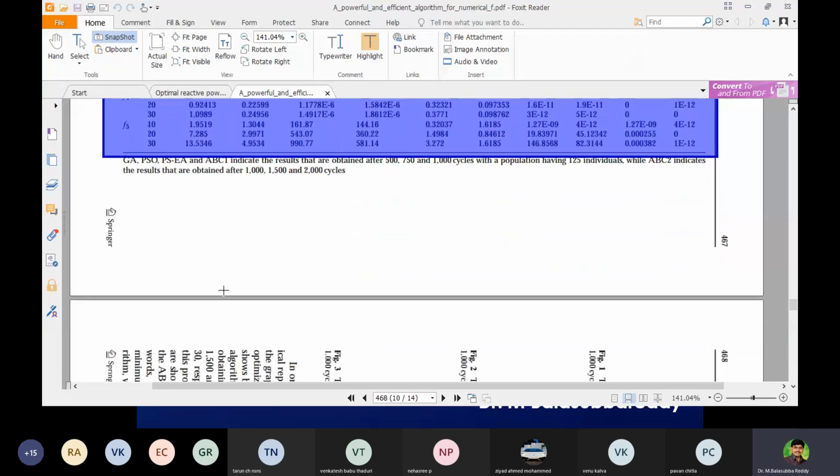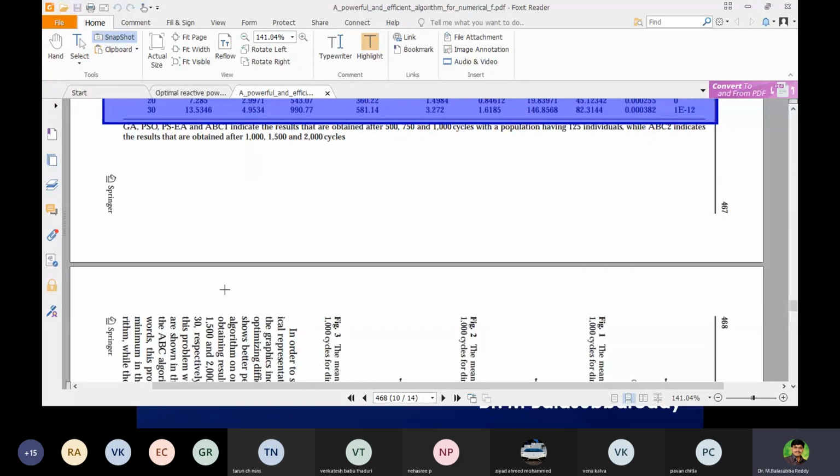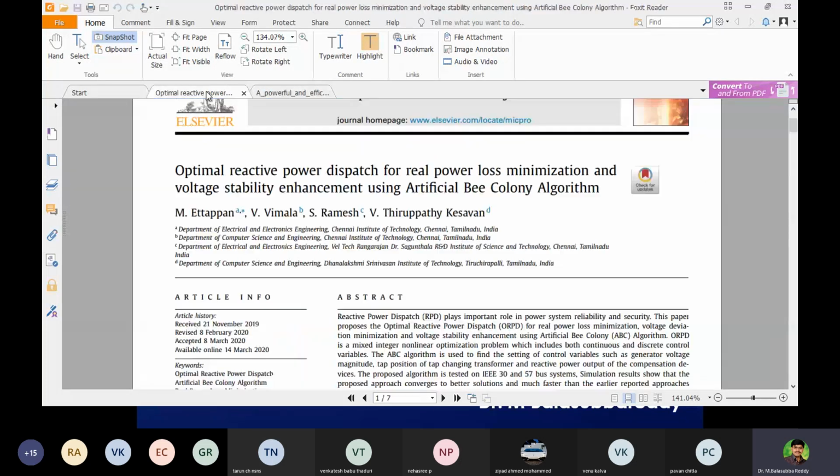So this is the initial stage of the ABC algorithm. Later, once the publication comes out, everybody will see that this algorithm is better when compared to other algorithms. Other researchers will also use that algorithm for their own applications.